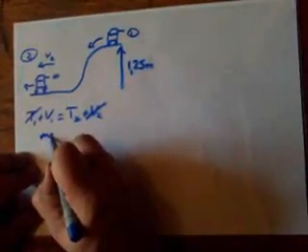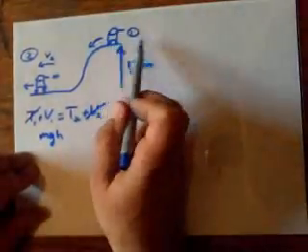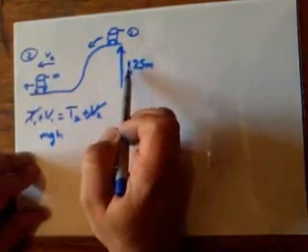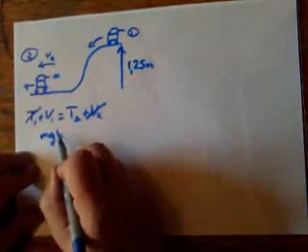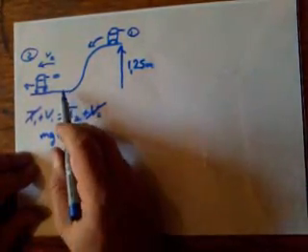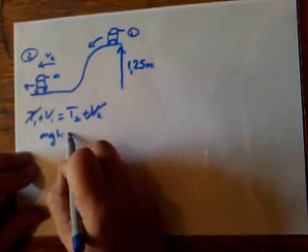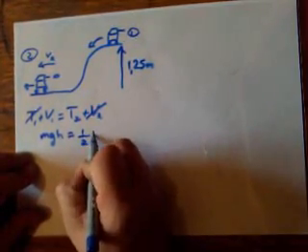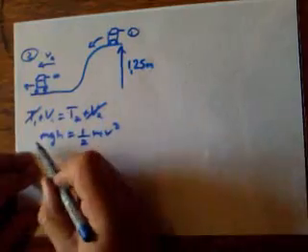So what we have is then mgh, and if I choose this here as being at 1.25 meters, then I've got my h, and this is at 0 meters, must then be equal to 1/2 mv squared.